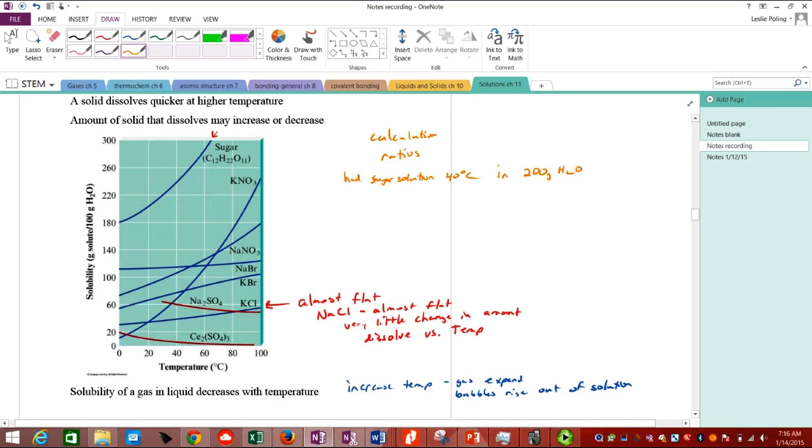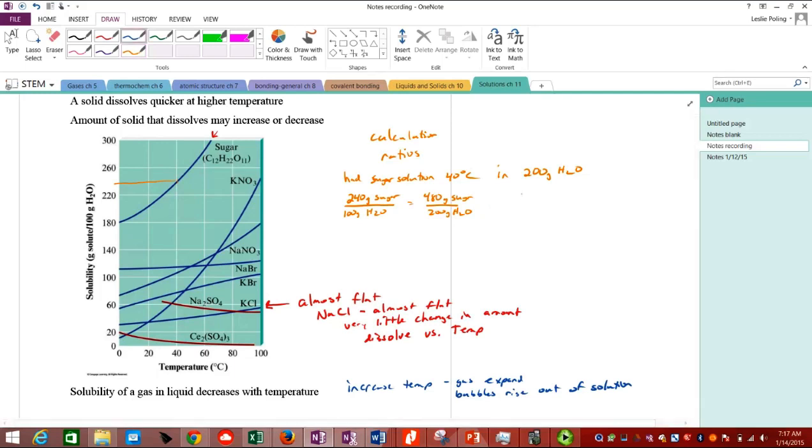So 40 degrees Celsius, we're right there. Go over. We're going to say 240 grams of sugar. But the chart gives us per 100 grams of water. So if we want 200 grams of water, that means it would be 480 grams of sugar in 200 grams of water. Since we doubled the water, we double the sugar.